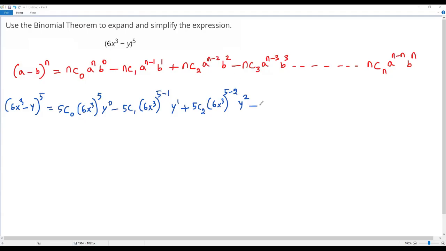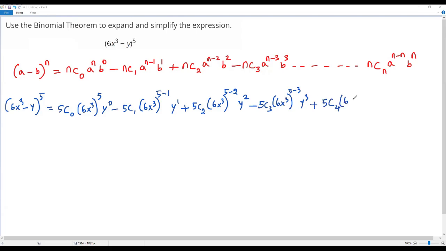And now for the next term we have to take negative sign: positive, negative, positive, negative. Okay, so nC3 means we have 5C3, 6x cube to the power of n negative 3, that is 5 negative 3. Let me write it. And b to the third power means that is y to the third power. So here I have negative sign. So now the next term has to be positive. 5C4.